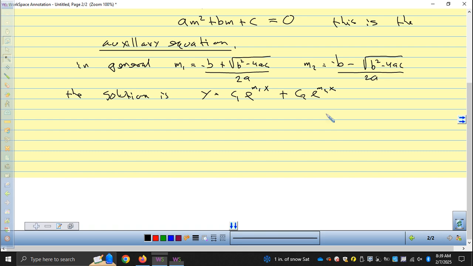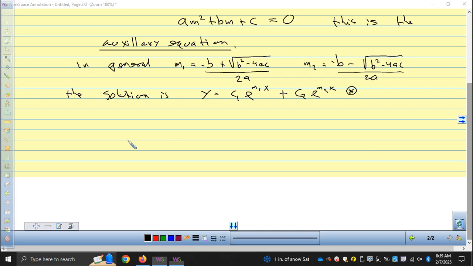But we have a wrinkle here. We have three possibilities. I'm going to put a little asterisk here, because we have a couple of things that can happen that we need to be careful of. Three possibilities. M1 and M2 are real and distinct.